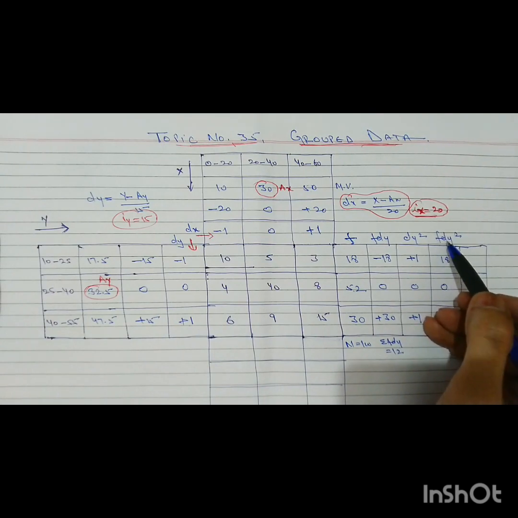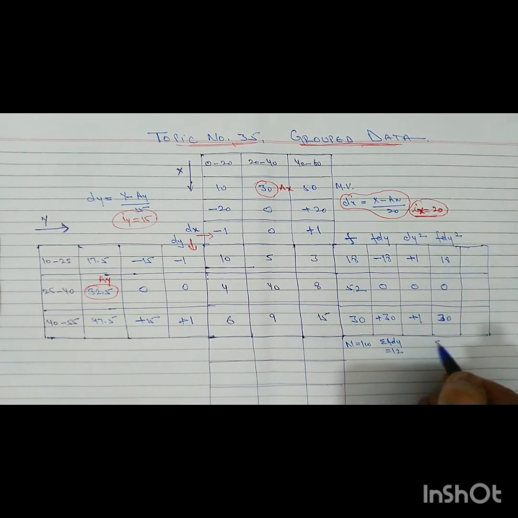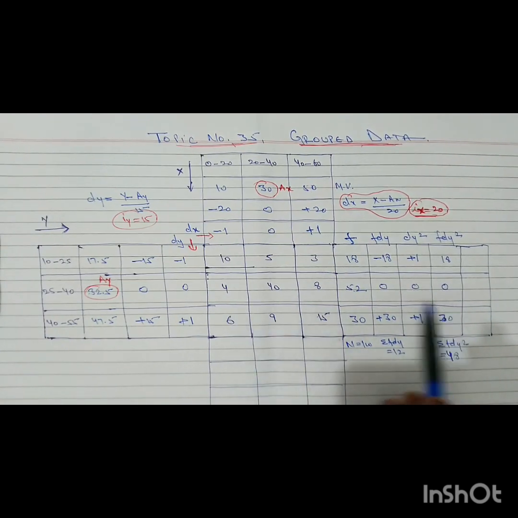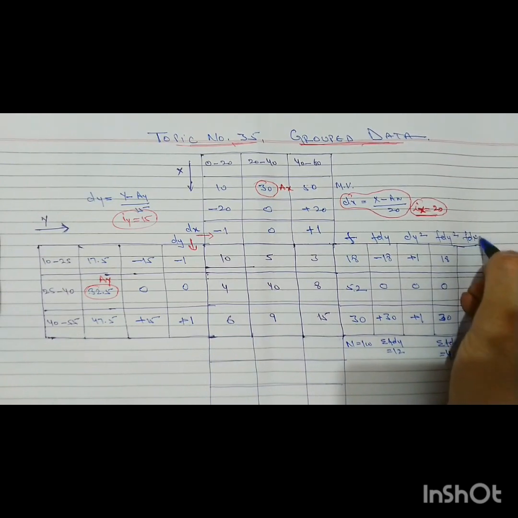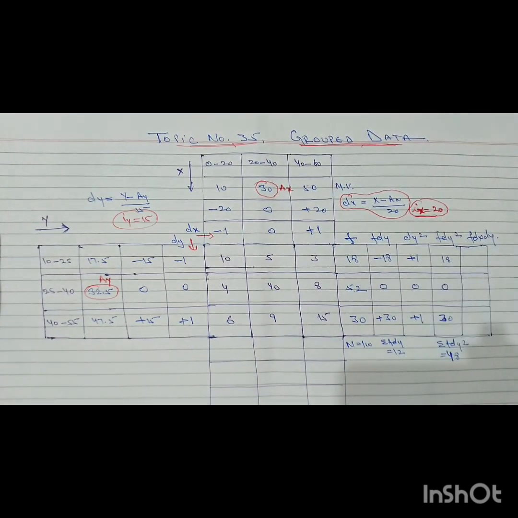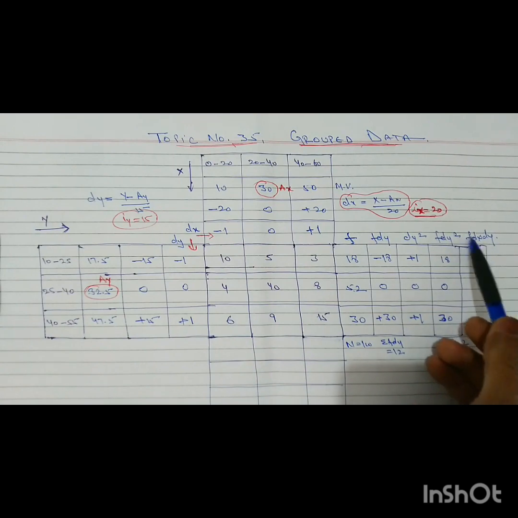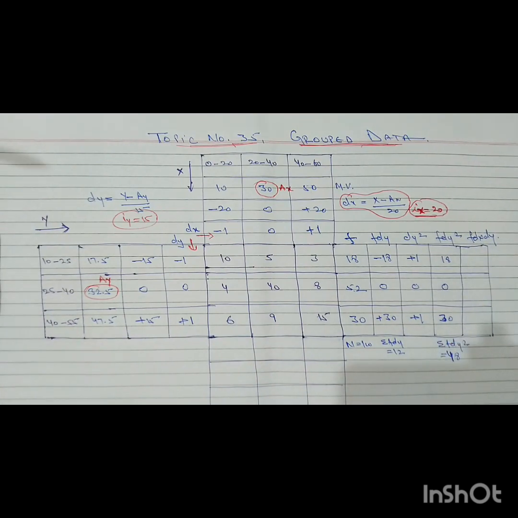The summation of f dy square is 30 plus 18, which is 48. This is for dy. Last we are left with f dx dy, which we will calculate in the last step.